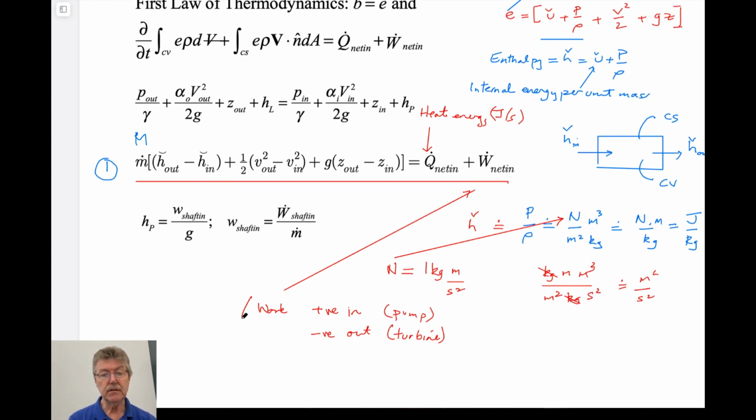And actually, the heat has the same convention. Heat in is positive, it's not a pump anymore, but heat out is negative, and so we just have to be mindful of this. And what else do I need to say about that? Yeah, nothing. That's it.